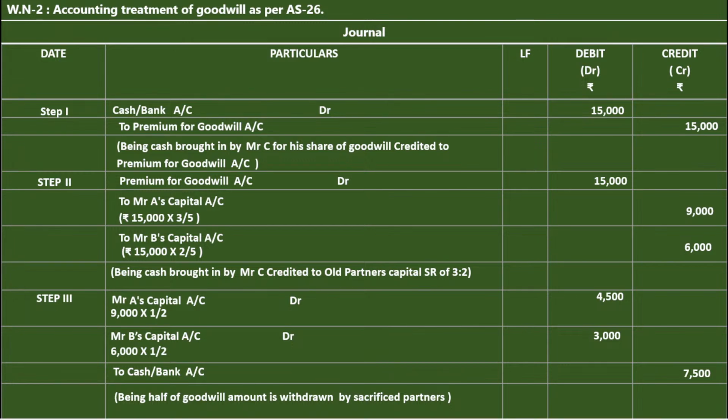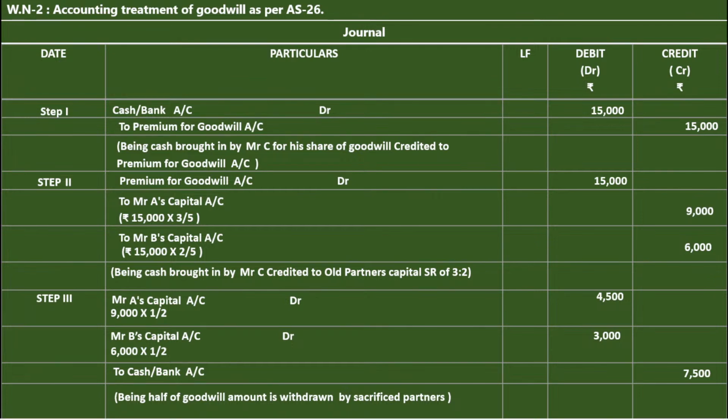Third step is when the goodwill amount is withdrawn by the old sacrificing partners. Their capital balance decreases, decrease in the capital, debit. Then cash is an asset account, decrease in the asset, credit. So Mr. A's capital account debit, Mr. B's capital account debit to cash or bank account.